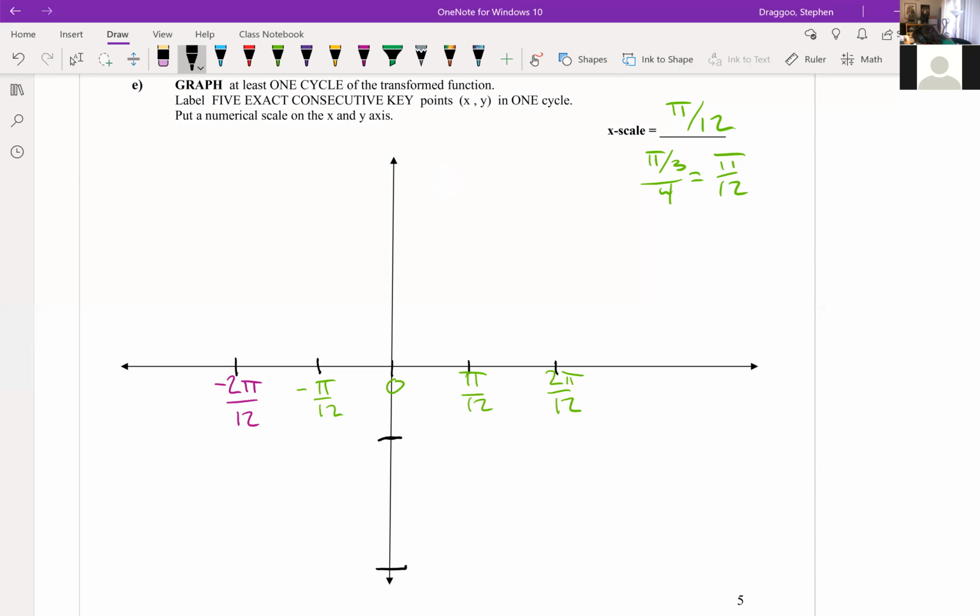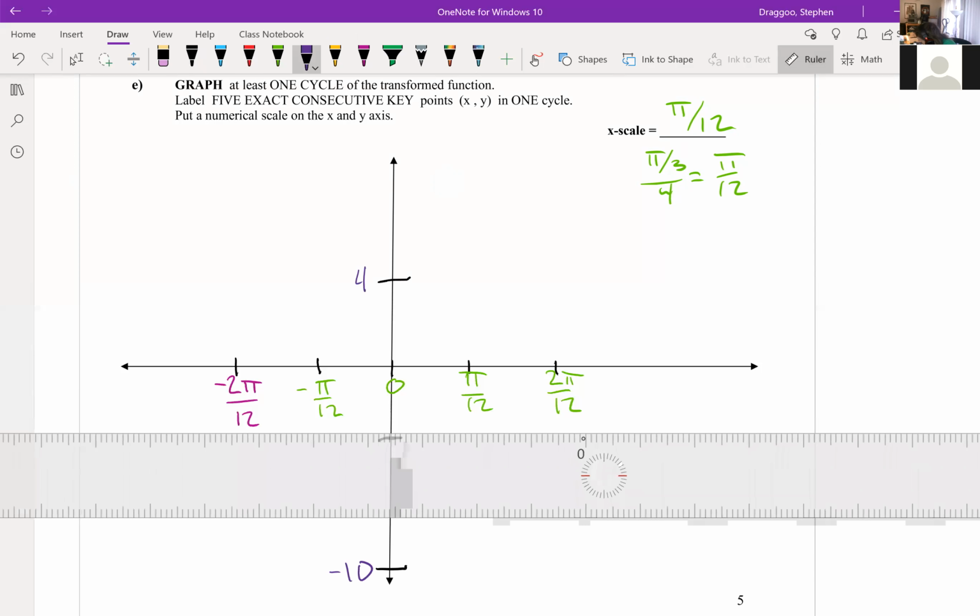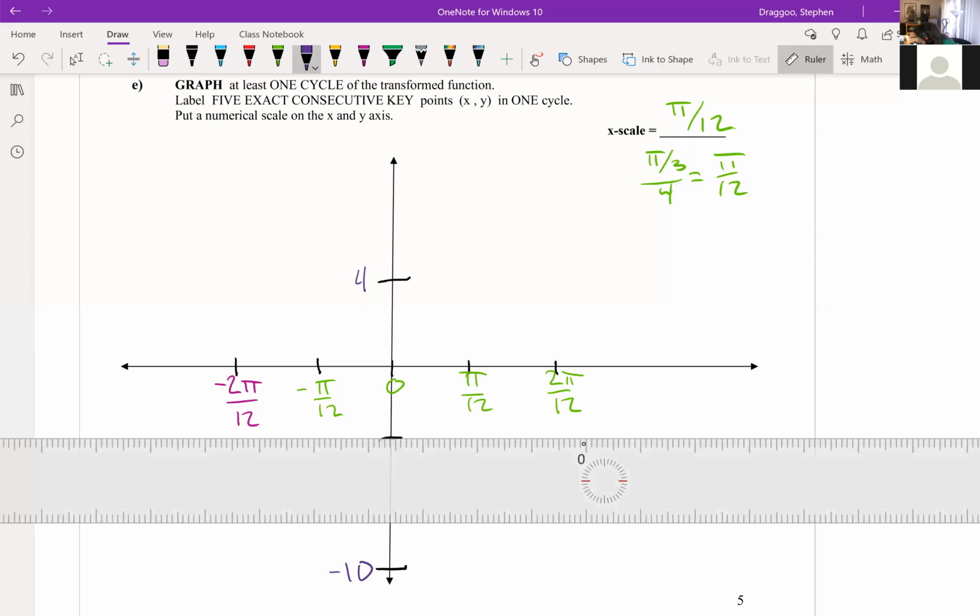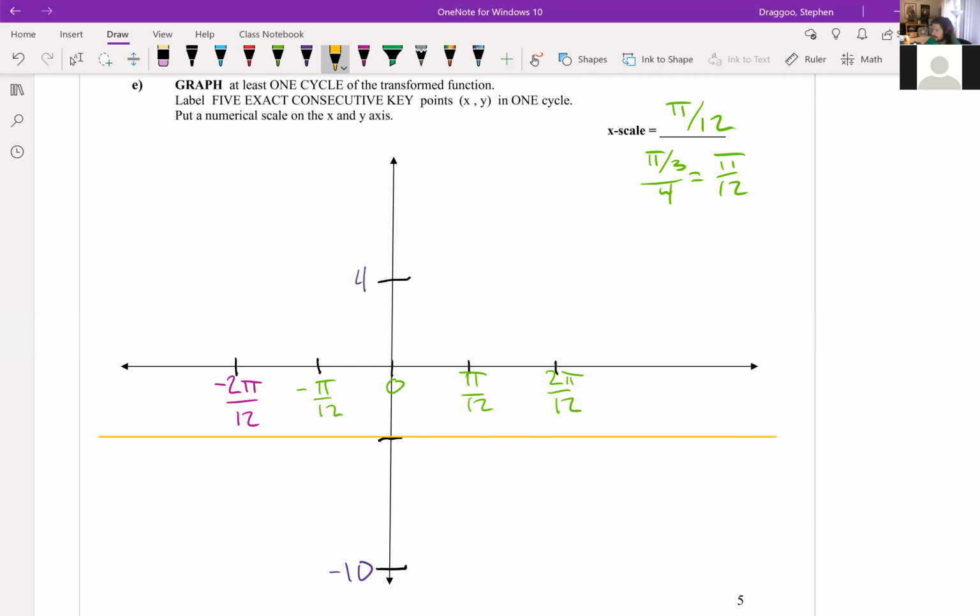Say negative 3 is about right there, and 4 is maybe about there. So this was 4. This is negative 10. And I'm also going to put in that center line at negative 3, just to help us draw that graph a little bit easier.